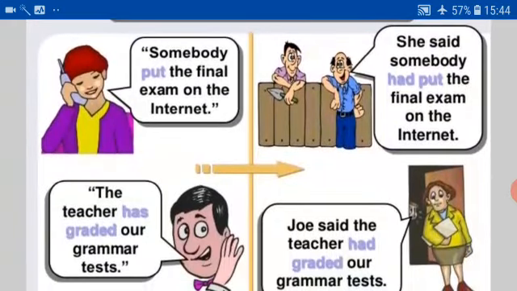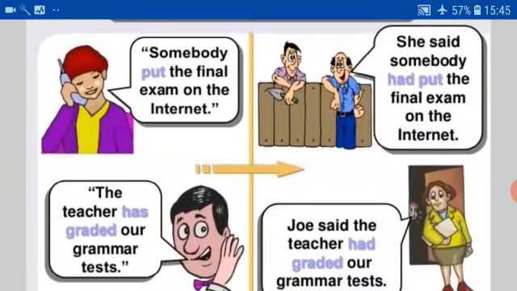"Somebody put the final exam on the internet." Here she is speaking, but this sentence is being said by another person: She said somebody had put the final exam on the internet. You are looking here at put. Put is in past indefinite tense and past indefinite tense is converted into past perfect.